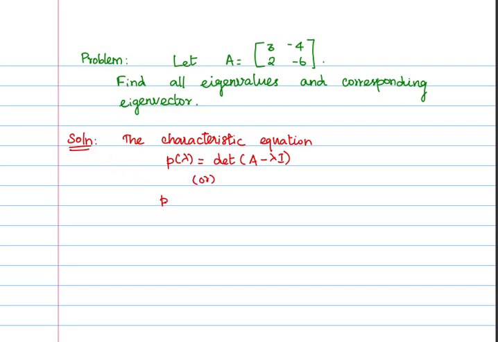Since it's a 2 by 2 matrix, P of lambda equals lambda squared minus the trace, that is 3 minus 6, which is minus 3, so plus 3 lambda, plus the determinant of the matrix, that is minus 18 plus 8, which gives minus 10.